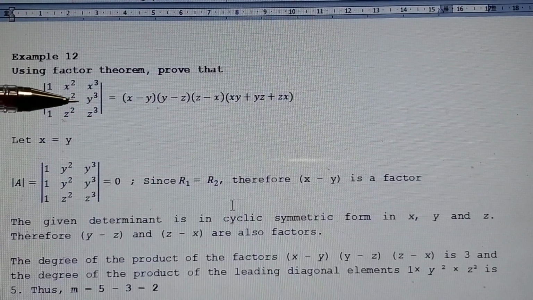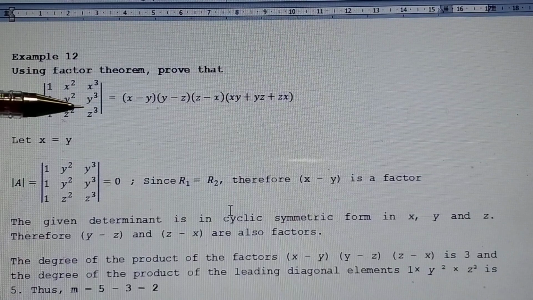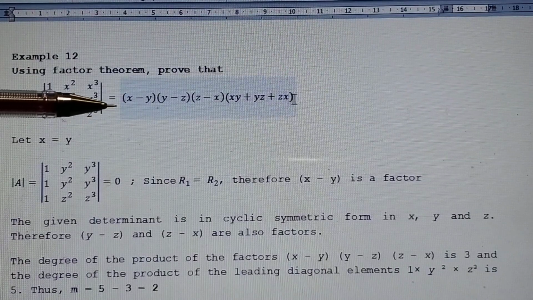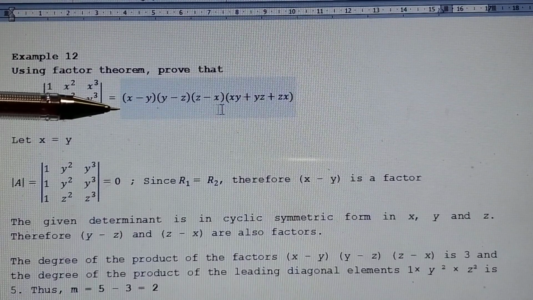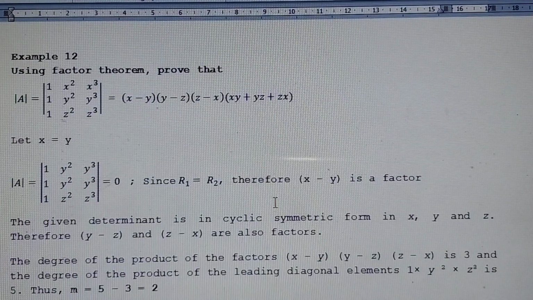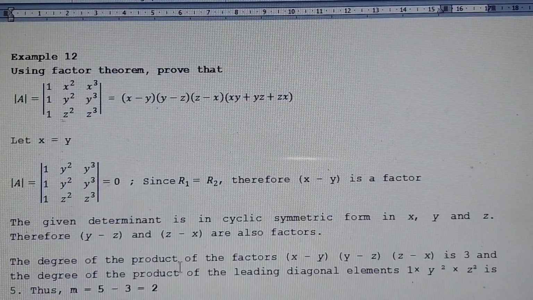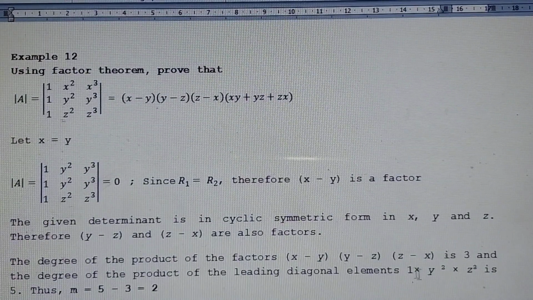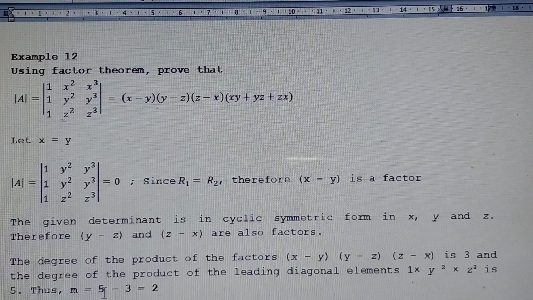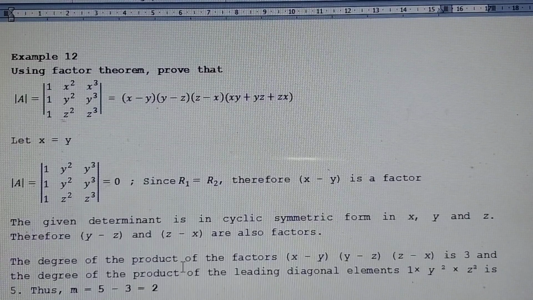So, ang total ng kanilang sum ng kanilang exponent ay 5. Ngunit dito, kapag in-expand natin ito, magkakaroon lang siya ng total na 3. Yung exponent ng isa sa kanilang product. Ito, 3. Samantalang ito, 5. Kaya yung m natin ay 5 minus 3 equals 2.